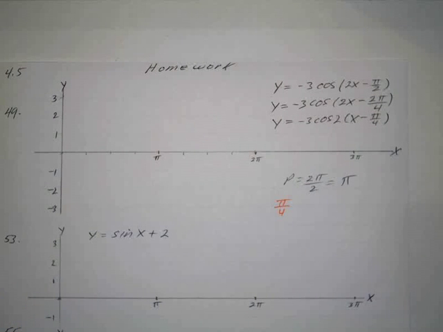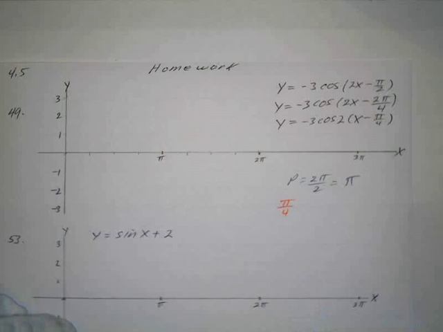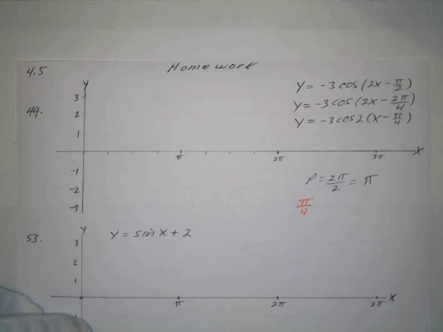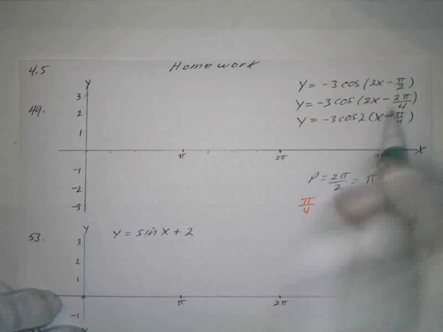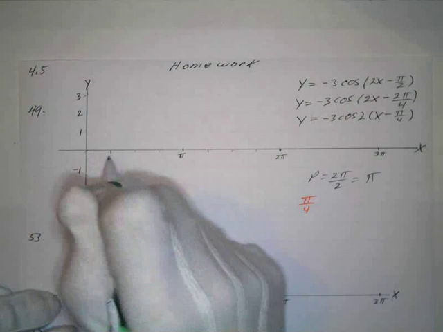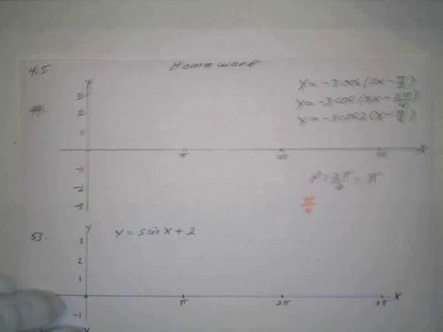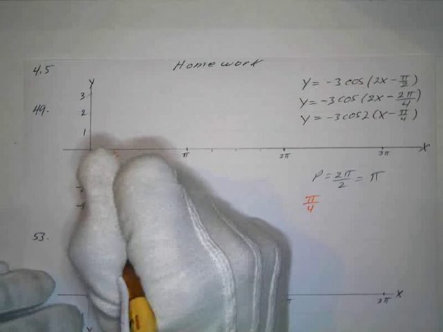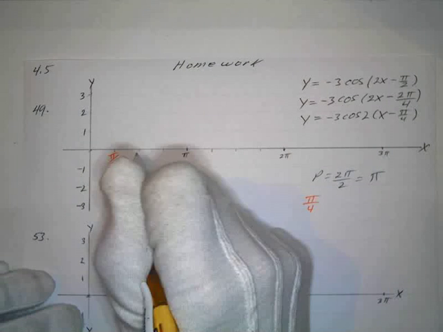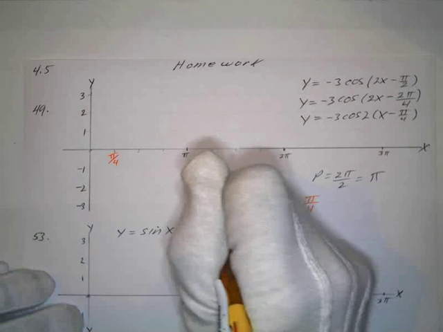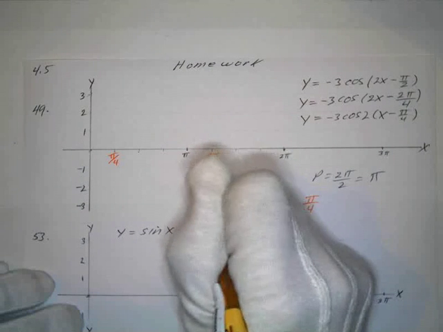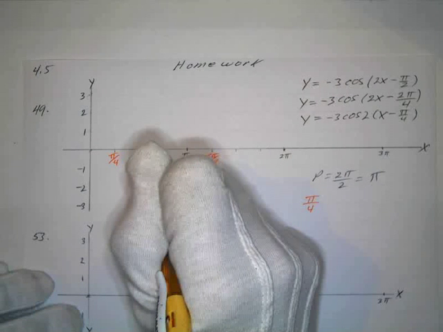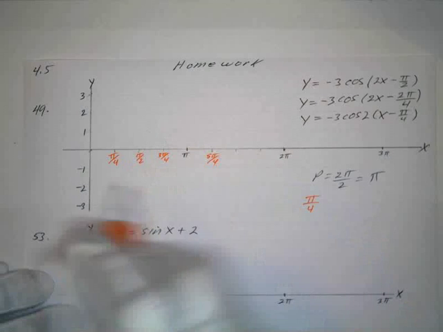Okay, so let's put our points in here. Now, again, this is the cosine, so ideally or normally it starts at 1, but it's shifted pi over 4. So this is pi, this is 0, and I divided pi into 4 equal subintervals. So I'm going to start at pi over 4 because of the horizontal shift. 2 pi over 4, 3 pi over 4, 4 pi over 4, so this goes to 5 pi over 4.